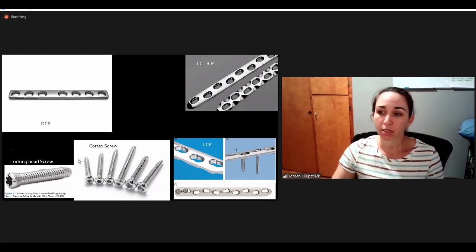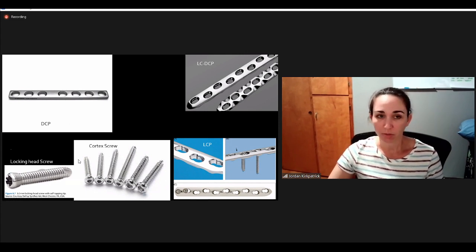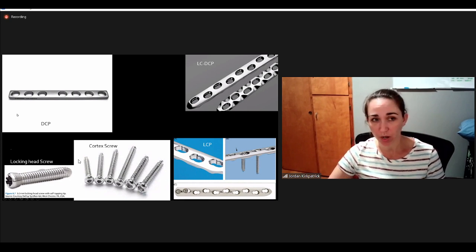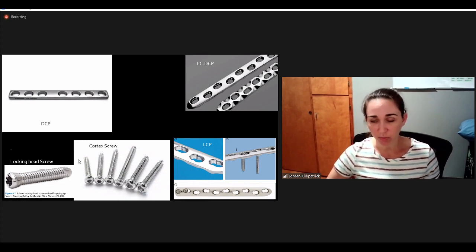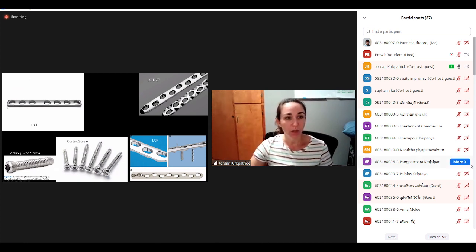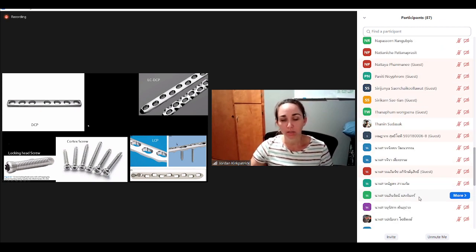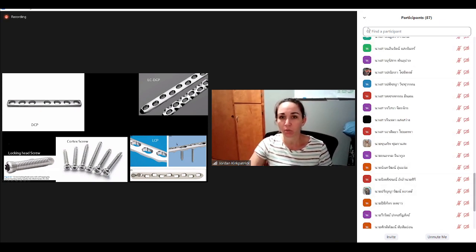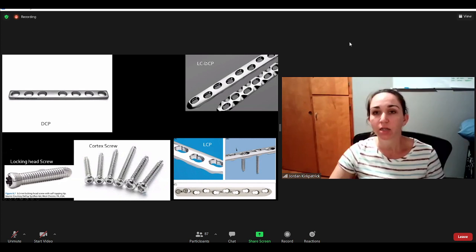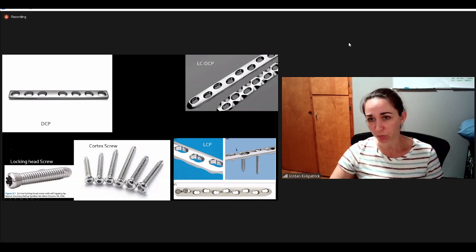So these are some of the plates that we have, and they have these on small animal as well. So this is a DCP, which is called a dynamic compression plate. And this was one of the first plates developed, probably 50 years ago, but it's flat all the way around. The next invention was what they called a limited contact dynamic compression plate. And so you can see here, there's little cutouts in the plate, so the bottom isn't smooth.